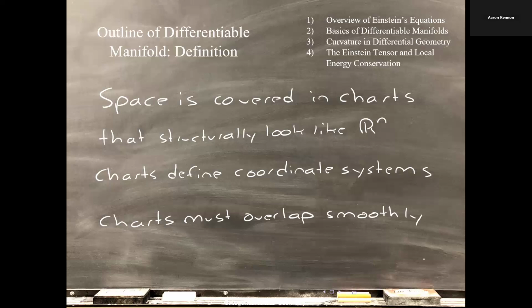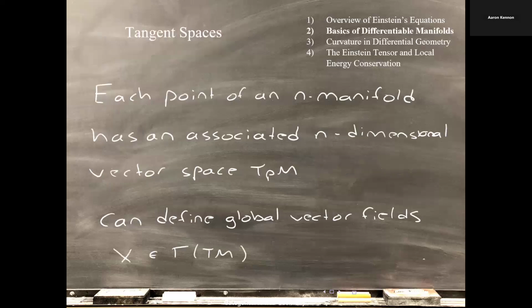Right, so then we have all of these charts which cover the space, but what happens if they overlap? And that's where the smooth part of a differentiable manifold comes in. So there's a precise sense in which if the charts overlap, a certain composition of the coordinate charts essentially must be smooth. All of this can be made much more rigorous, of course. This is just supposed to be very schematic.